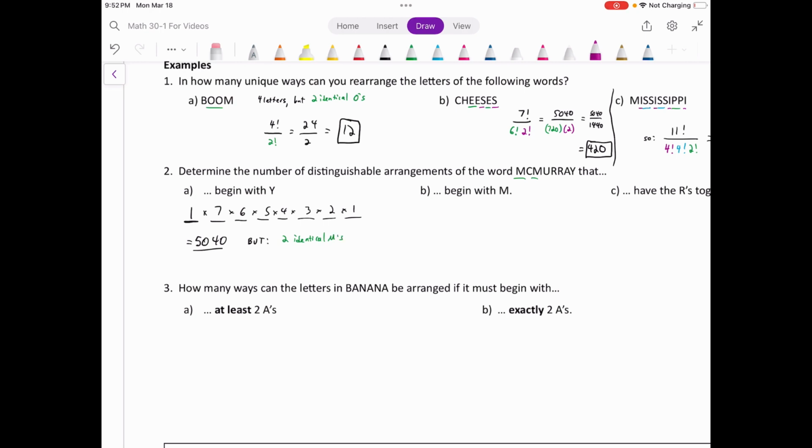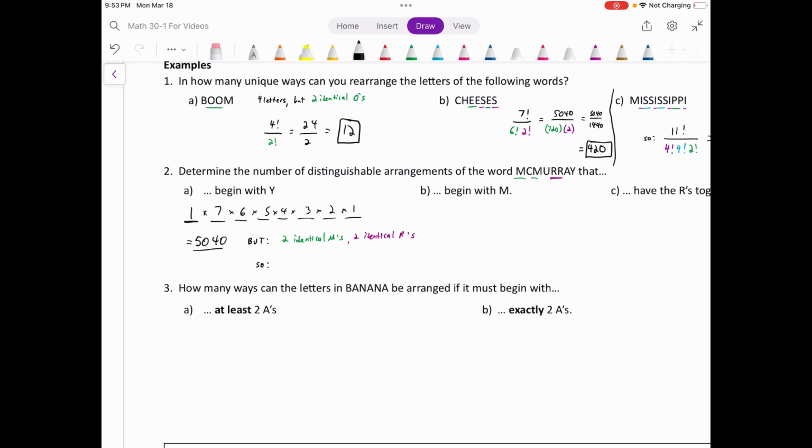And there are 2 identical R's. I don't think I'm missing any others. So what we need to do then is take our one, where we essentially thought about, ignoring the repeats for now, that's how many ways there are to arrange them, but we have a factor of 2 factorial and 2 factorial too many, because 2 factorial and 2 factorial of those possible different arrangements that we were multiplying by are actually just switching around the M's and switching around the R's.